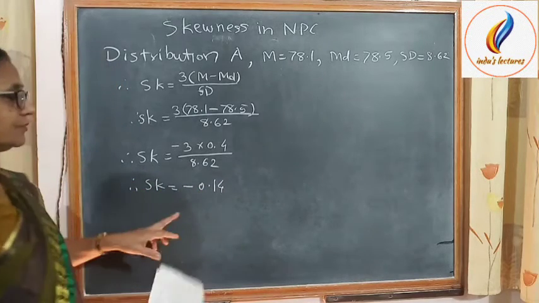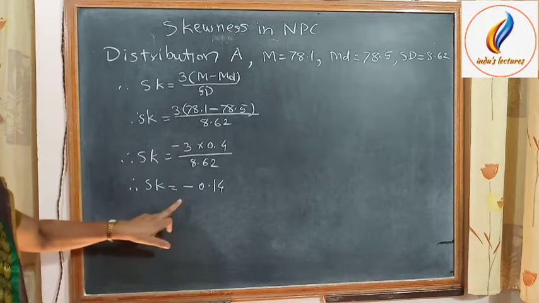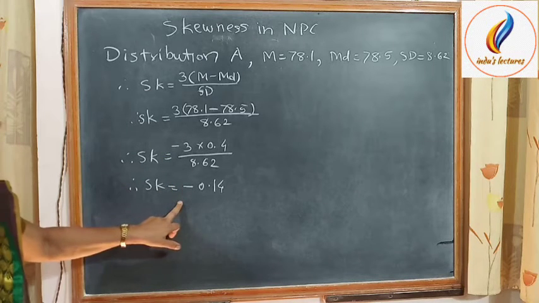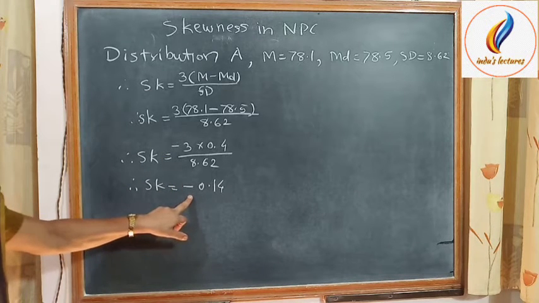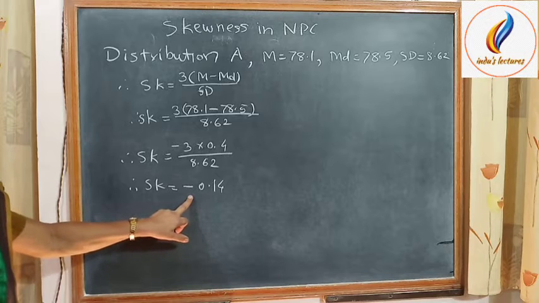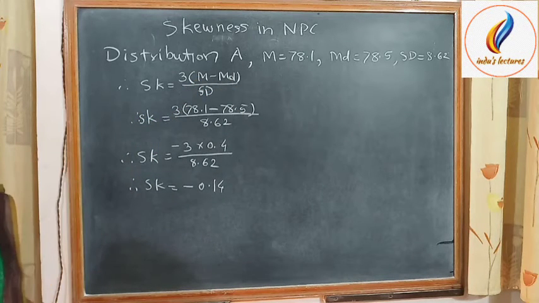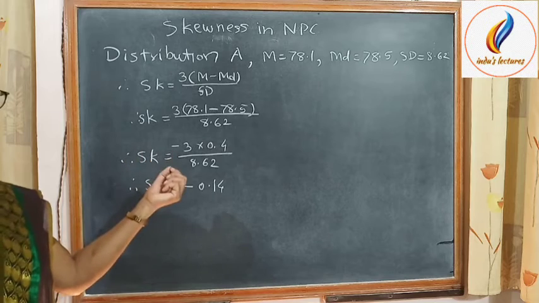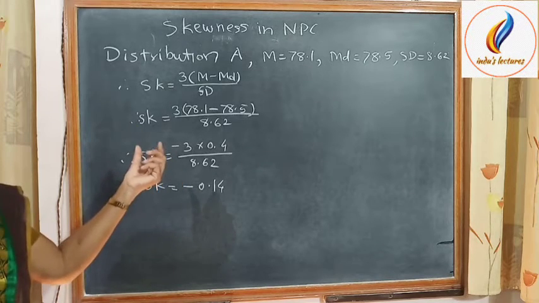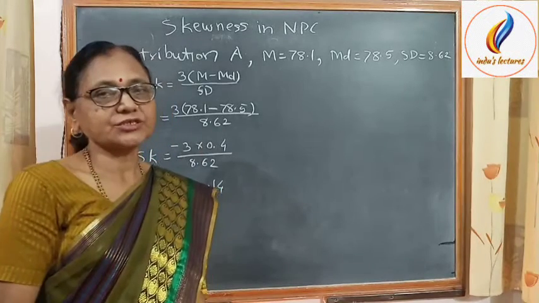From this calculation also we can say that the curve is negatively skewed. And in a negatively skewed curve, mean is less than median.